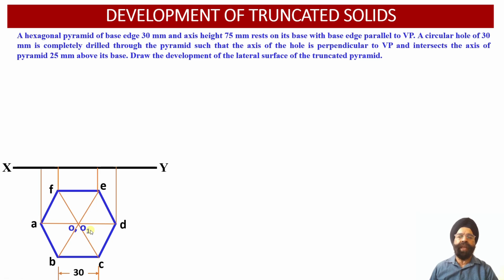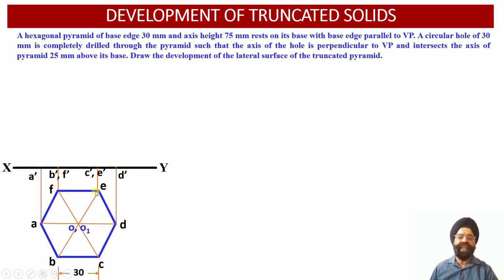Having obtained the top view projections of this hexagonal pyramid, now let us obtain the front view projections. The point A of the base will be projected as point A dash onto the XY reference line. Points B and F of the base coincide with each other and will be projected as points B dash and F dash onto the XY reference line.